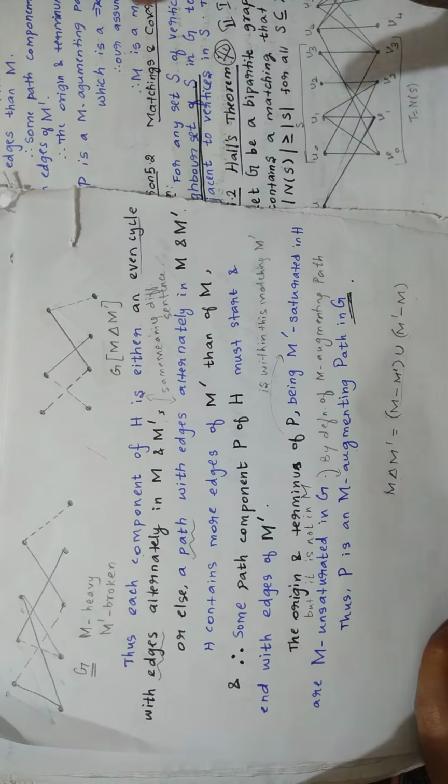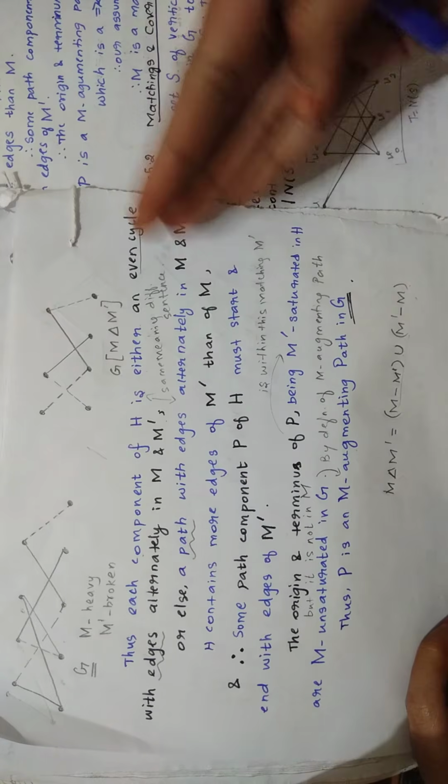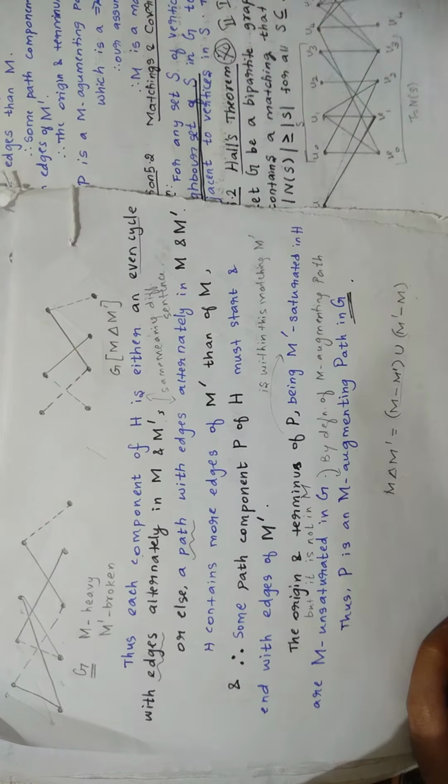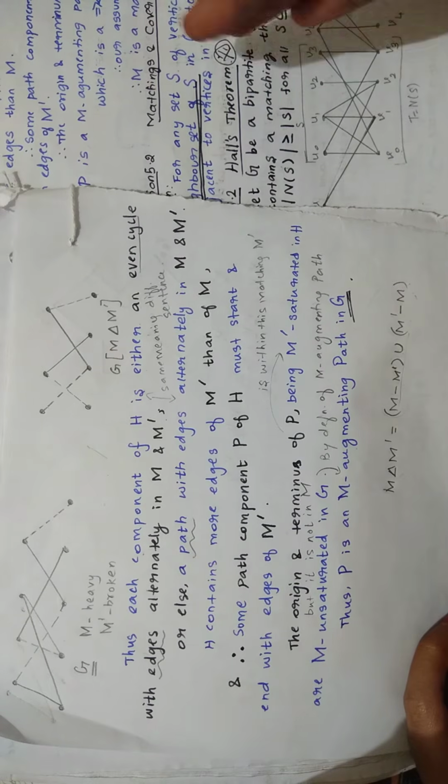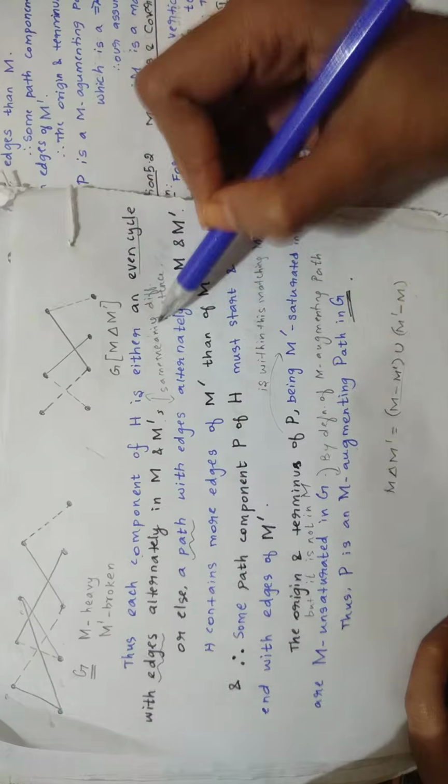So they are talking about the components will be either an even cycle or it will be a path. Okay, these are the properties of the components of this H. So in the first line what you are saying is, if it is an even cycle, how it will be. If it is a path, then how it will be.